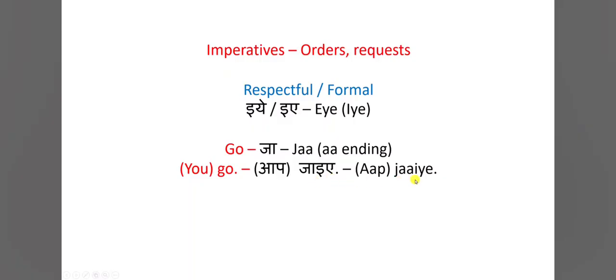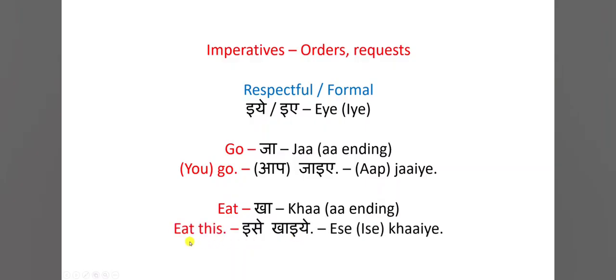Jaiye. Eat is kha, an a-ending verb once again. So if a verb ends in a, we add iye directly. Like this, eat this is ise khaiye.